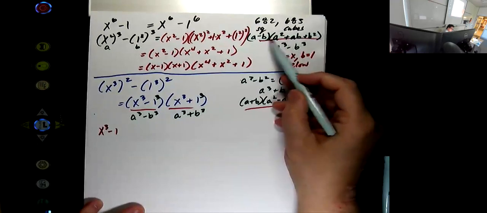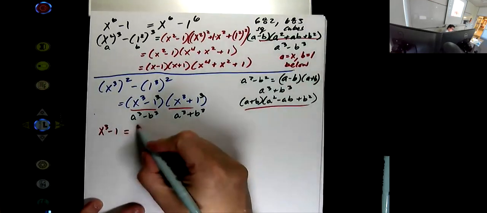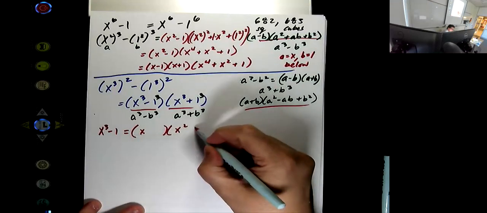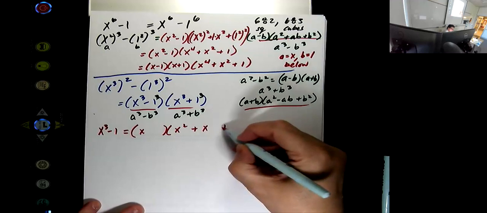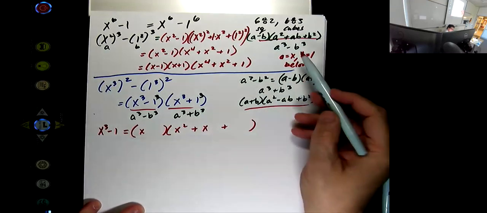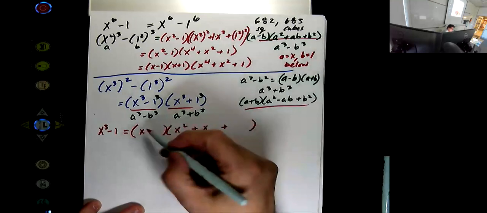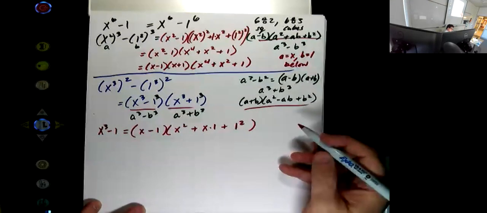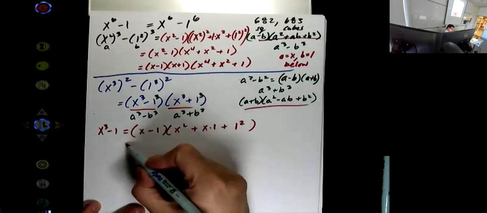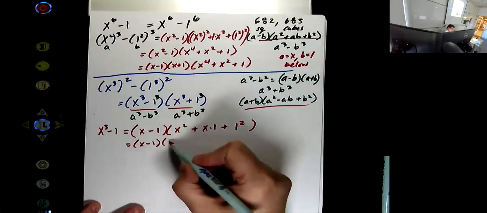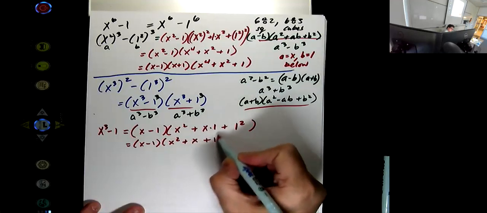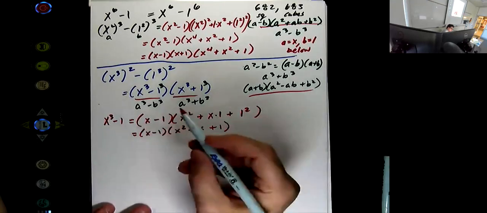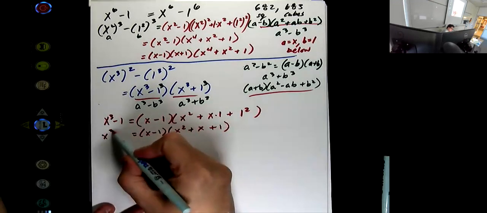We're just going to follow that pattern and replace all the A's with x's and all the B's with 1's. So that looks like x minus 1 times x squared plus x plus 1. That's the x cubed minus 1.